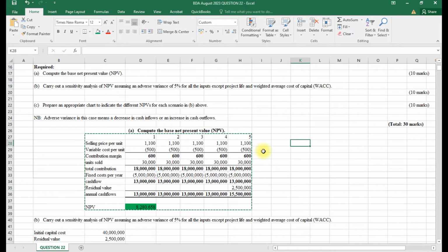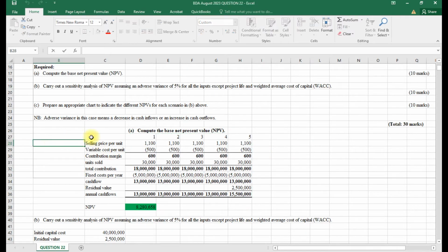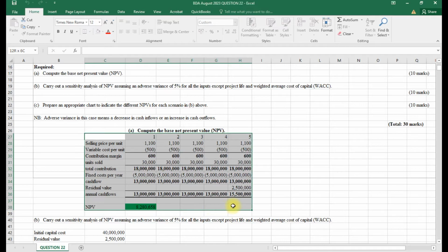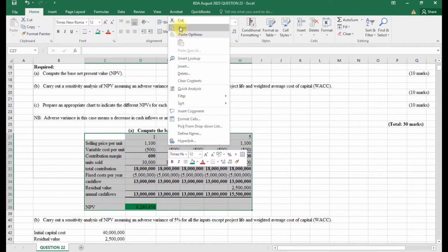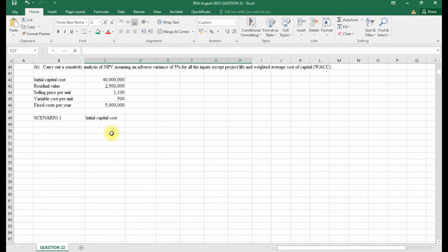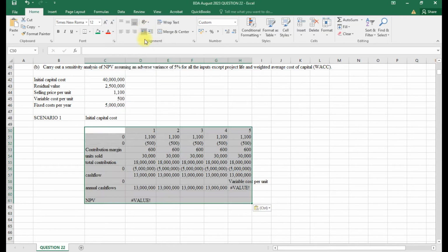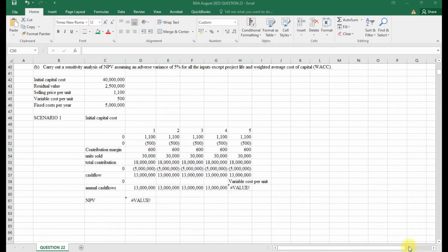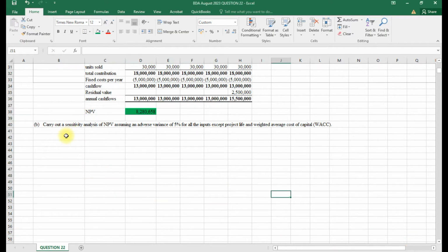So I'll copy it again. Need it together with the formula so that let me paste it that way. So shall start with the scenario 1. Let me start it here. Scenario 1.